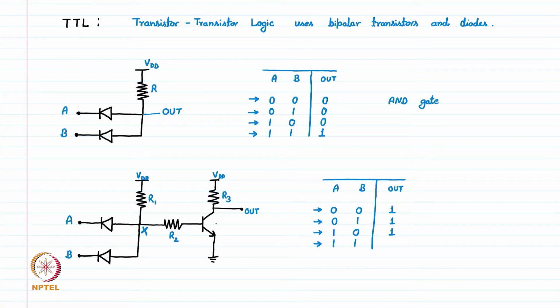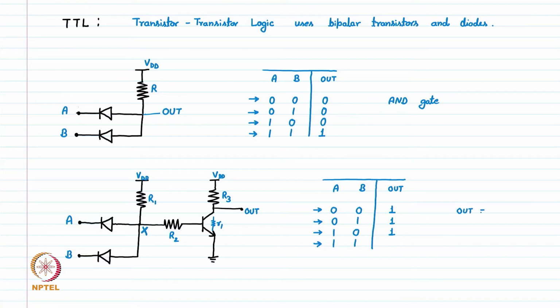So this BJT will turn on and the output will be pulled down to very close to 0, and as we discussed last time, the output node will be nothing but the voltage divider of this R1 and R3.